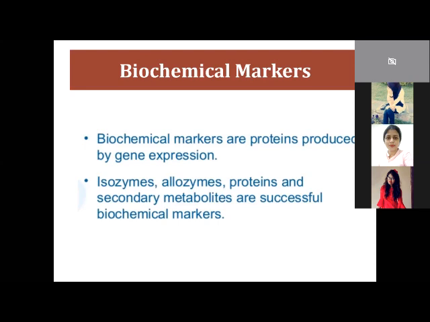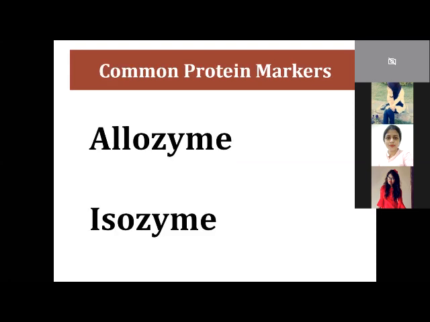First we'll see what the common and popular biochemical markers are. Today we are going to see two very common biochemical markers, isozymes and allozymes. We'll see isozyme and allozyme one by one, and how isozyme or allozyme analysis helps in the identification of a species, stock or population.